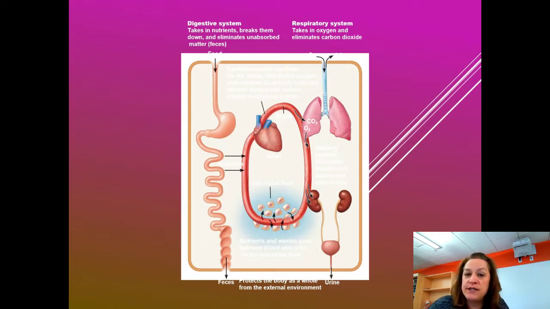You'll see the respiratory system taking in the oxygen and eliminating carbon dioxide. The image isn't very great, but you'll see the cardiovascular system in the middle, distributing the oxygen and the nutrients that we get from the digestive system and from the respiratory system. The urinary system on the bottom right is eliminating waste, excess ions, and nitrogenous waste.